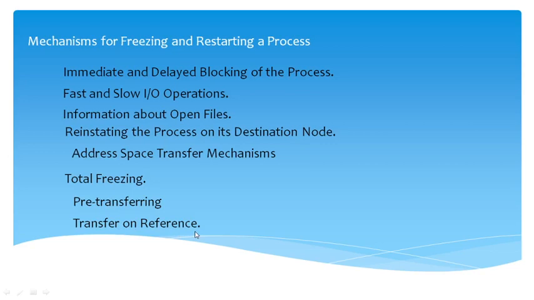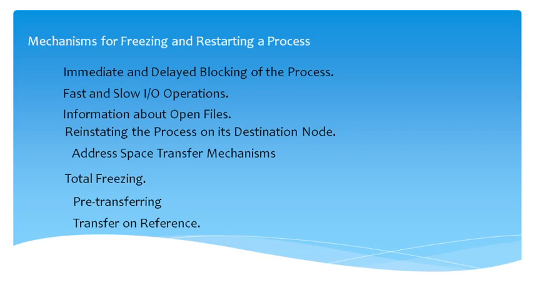This method is based on the assumption that a process will tend to use only a relative part of the address space while executing. So in this method, the process address space will be there on the source node itself, and as the relocated process executes on the destination node, it only references the pages, which results in the generation of requests.